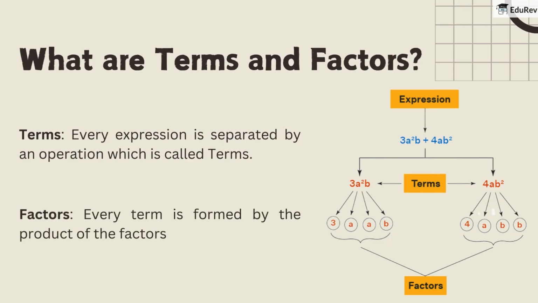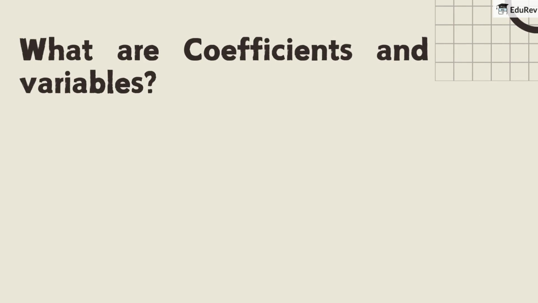On the other hand, factors are the quantities we multiply together to get a term. For example, 3a squared b consists of factors 3, a, a, and b, while 4ab squared consists of factors 4, a, b, and b.